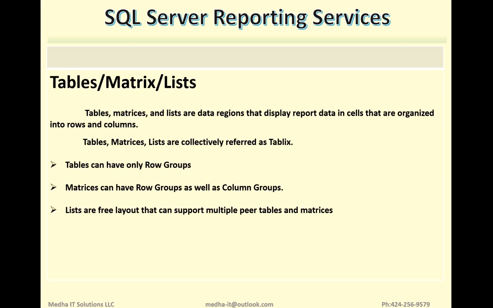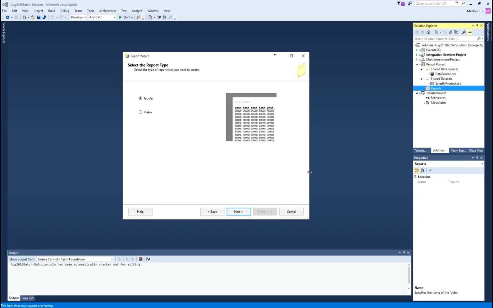And then we saw the layouts here. When you are creating an SSRS report, it is asking for report type, tabular and matrix. When you select tabular, this is talking about how the report should be laid out, or how we want to show the report.